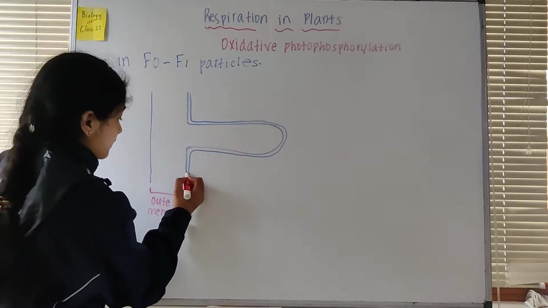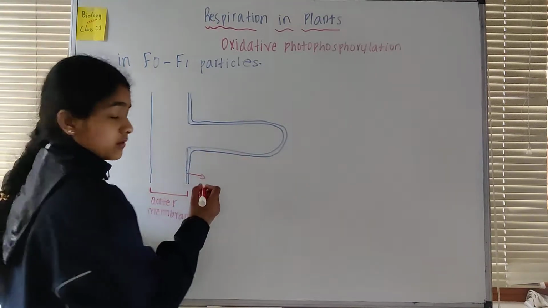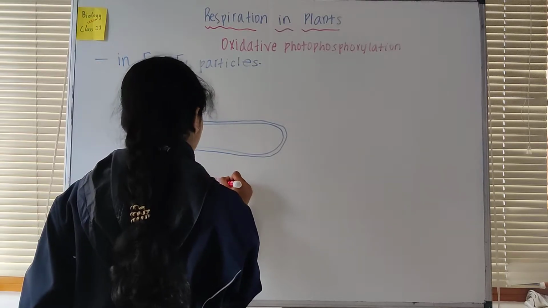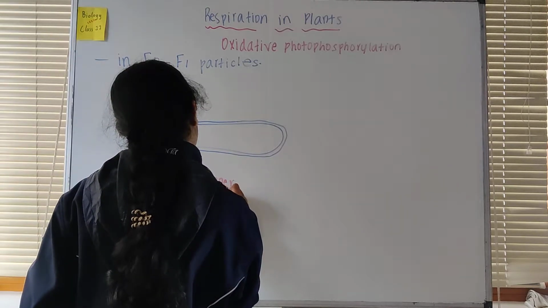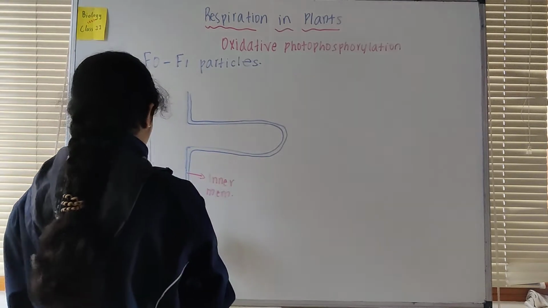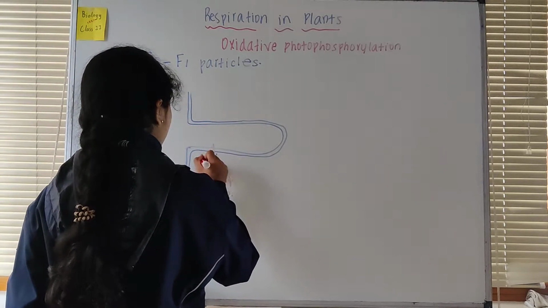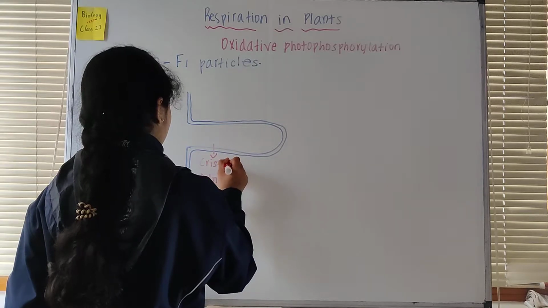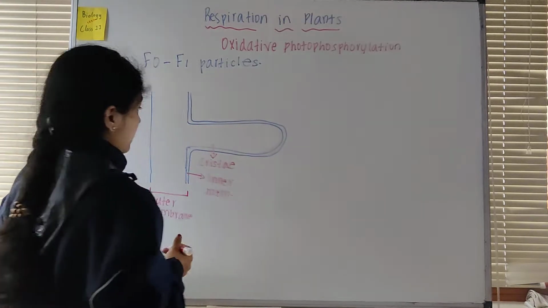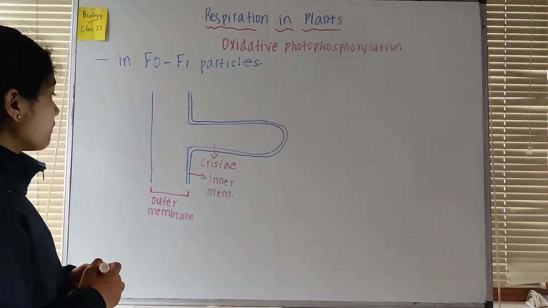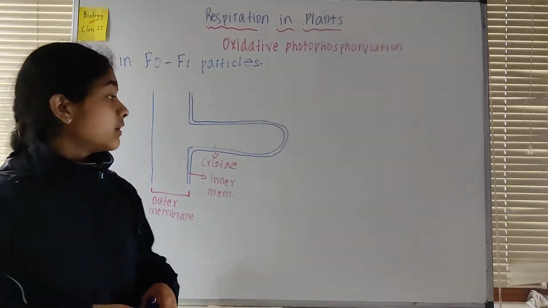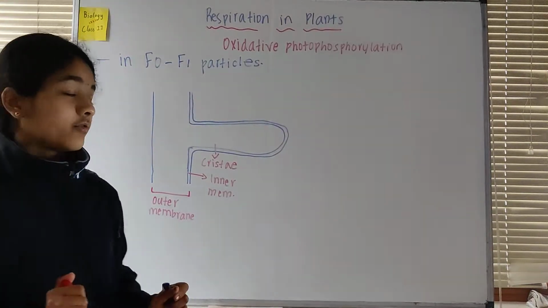This one is the inner membrane, and this one is the cristae, foldings in the mitochondria. So this is the rough diagram of the mitochondria.